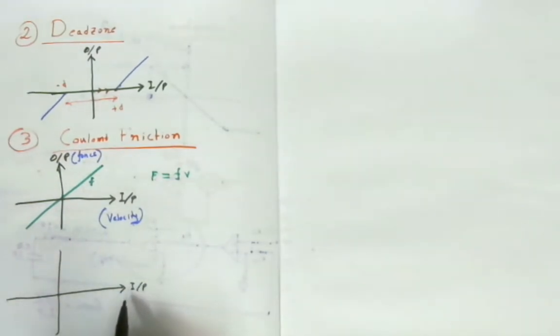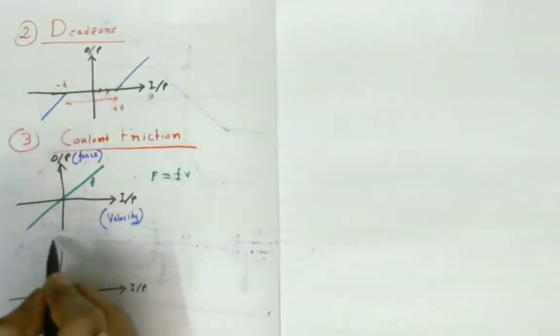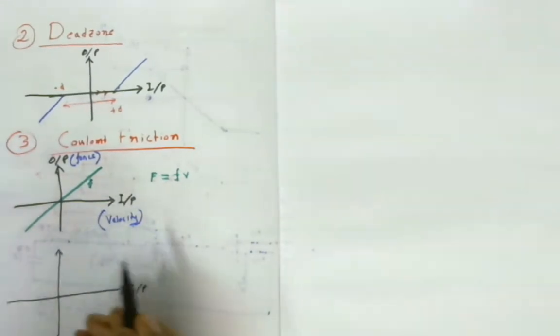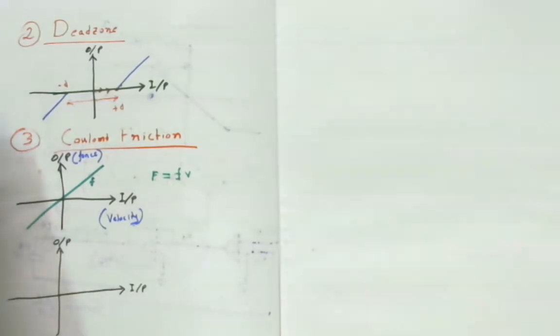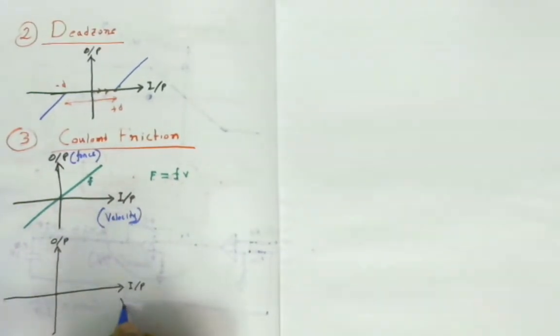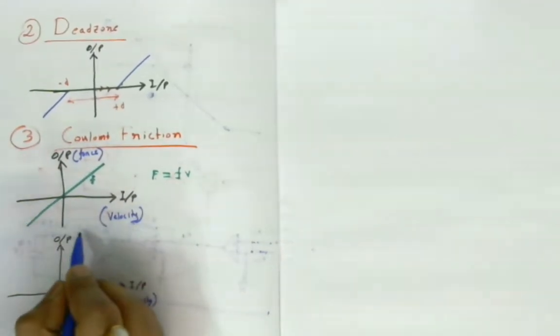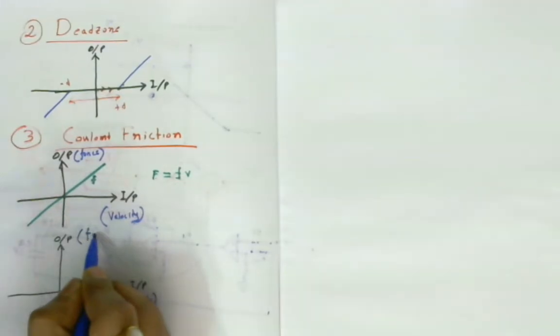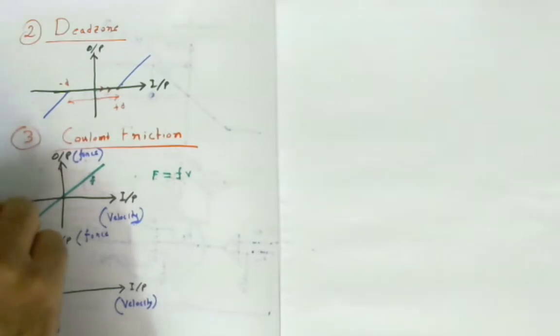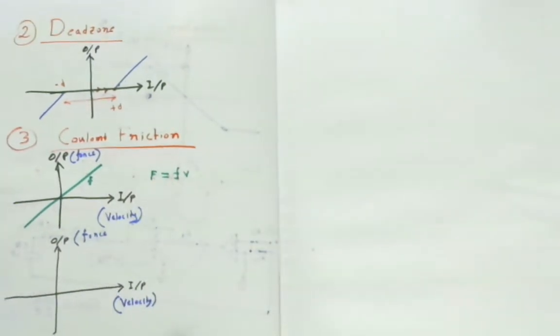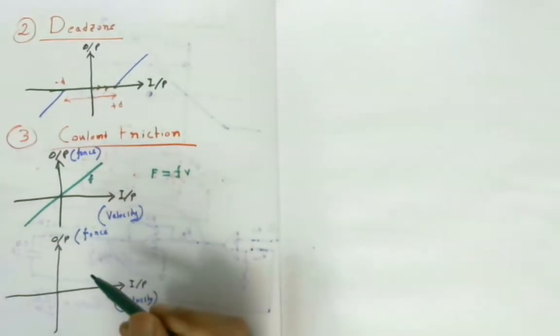Always remember, the x-axis is input, and in this case the input is velocity and the output is force. As I have said, when you try to move initially, a larger force is required.